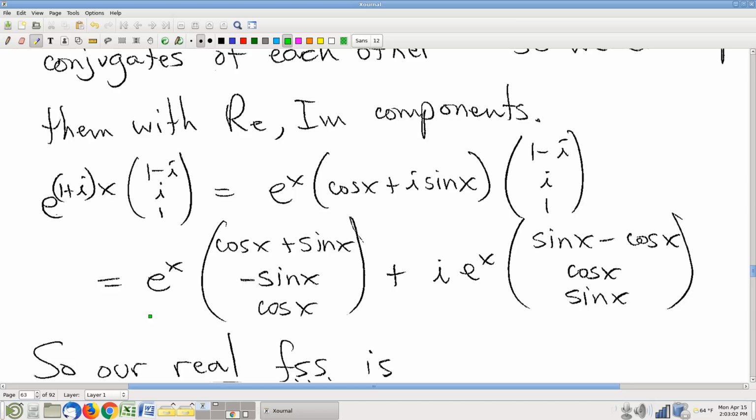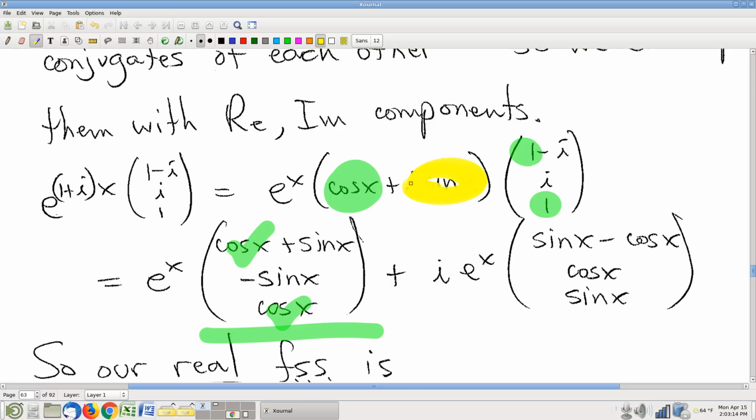Let's look for the real part. Real is going to come as real times real. It's also going to come as imaginary times imaginary. Don't forget the minus sign. Real times real is real, imaginary times imaginary is real. That gives you your total real part.